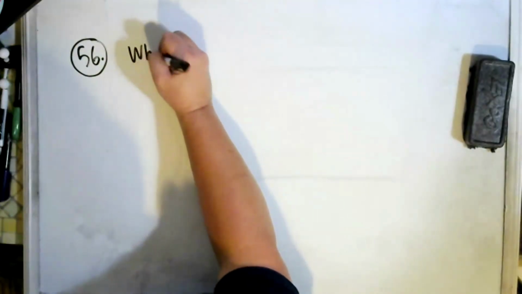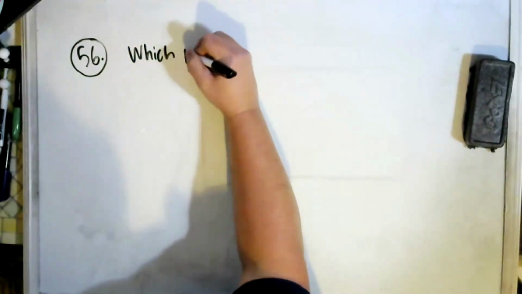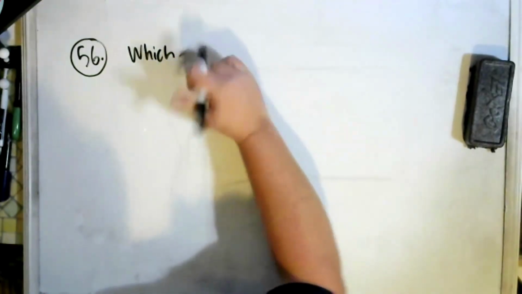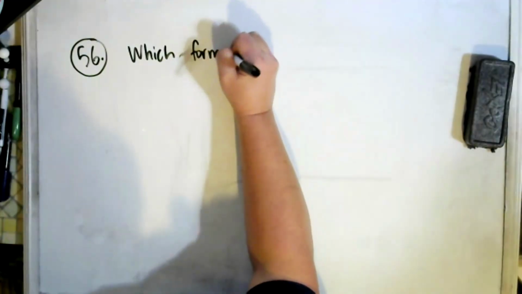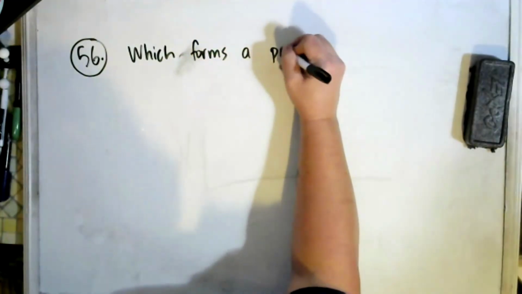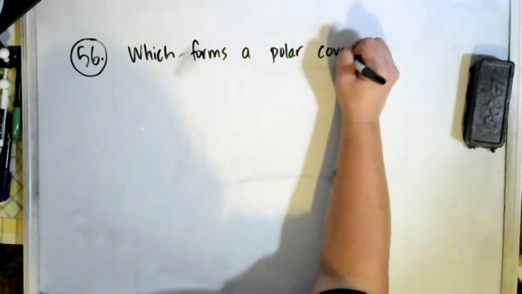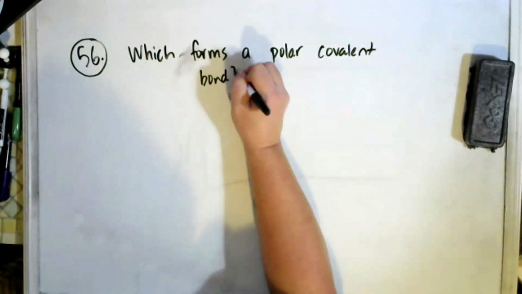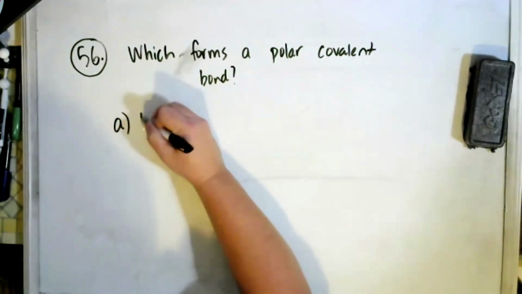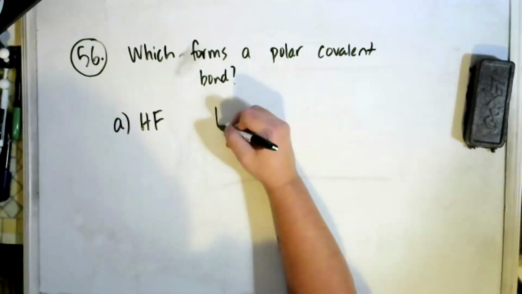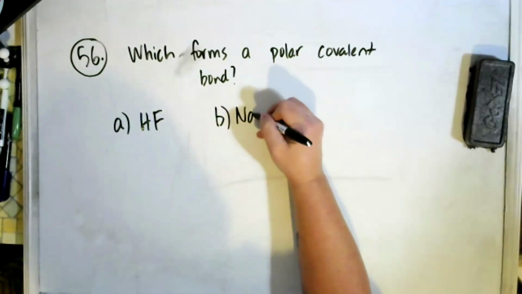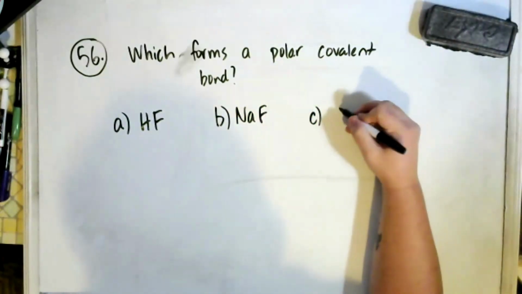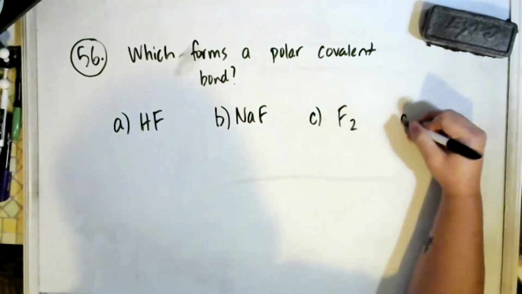Because if you have electronegativity numbers, hold on, I can't talk and write at the same time. Which forms a polar covalent bond? So F2, and so on.